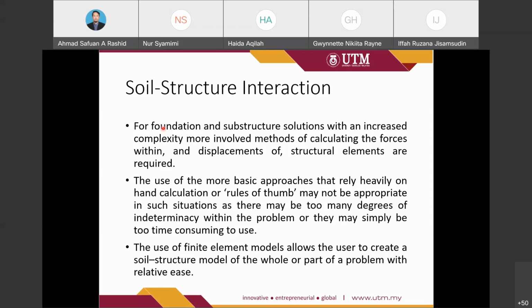So we can do a calculation by using the manual formulation. However, when it comes to a very complex situation, definitely using finite element will be the best solution. It is the same with slopes. For example, in slope problems, we learn the method of slices.